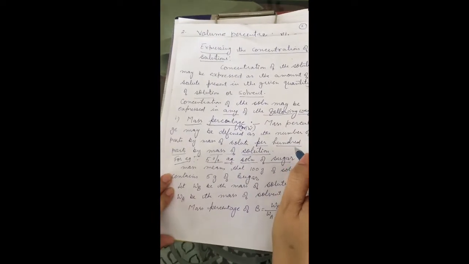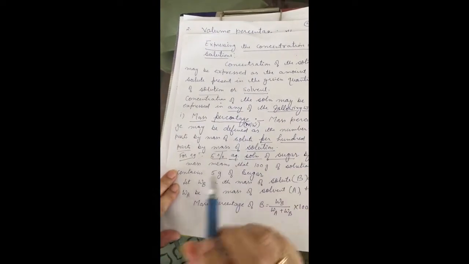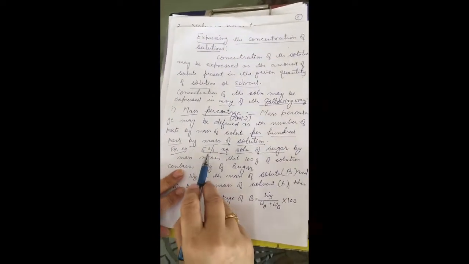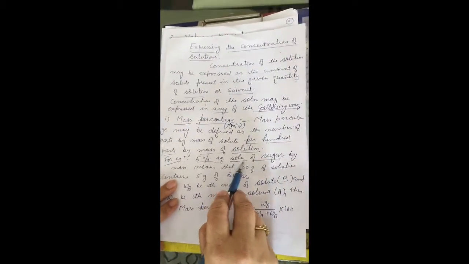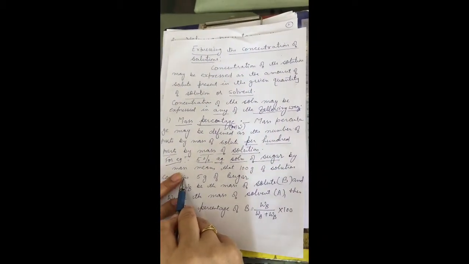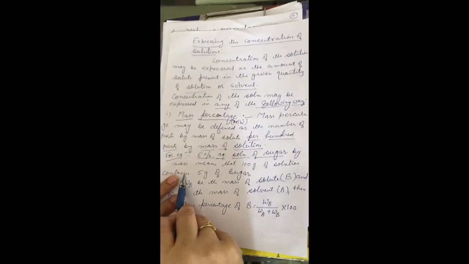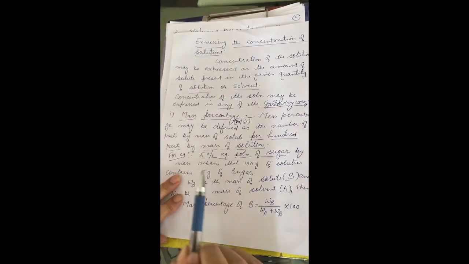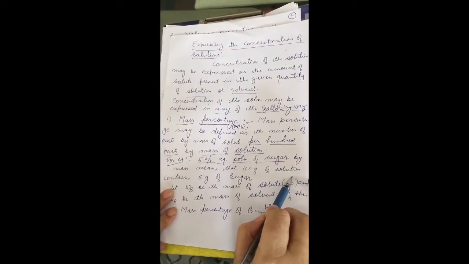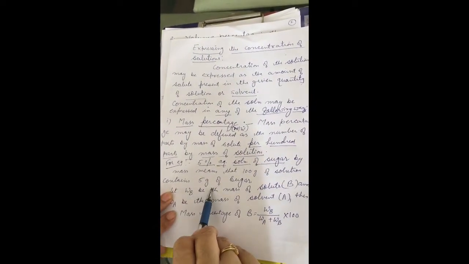Now, what is the meaning of this definition? Suppose we have a 5 percent aqueous solution of sugar by mass. What is the meaning of this sentence? It means that 100 grams of solution contains 5 grams of sugar.